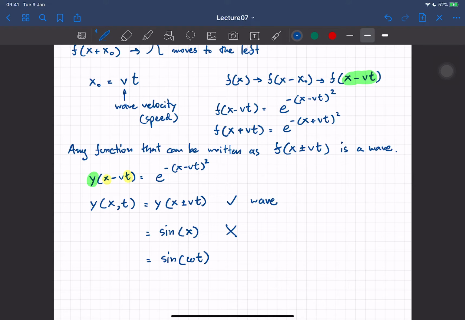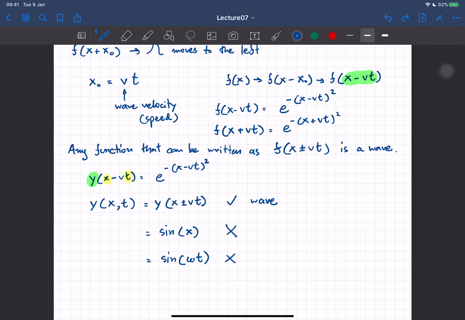It should be very related to wave, but somehow it's not a wave because there's no x. So this is also not a wave, right? It's oscillating in a simple harmonic way, but it's not a wave because a wave also has to include propagation of the oscillation, and that, believe it or not, is captured in this mathematical form here.